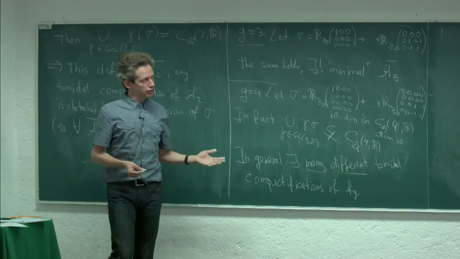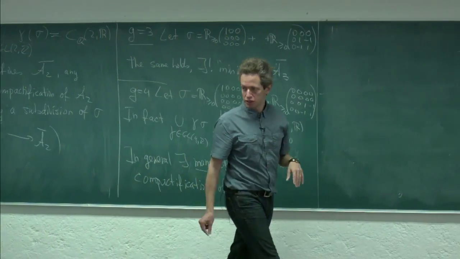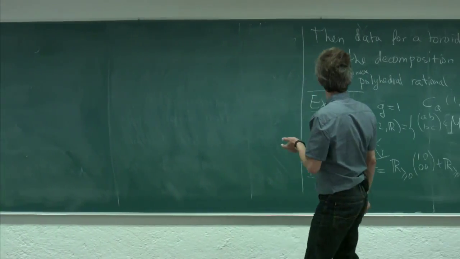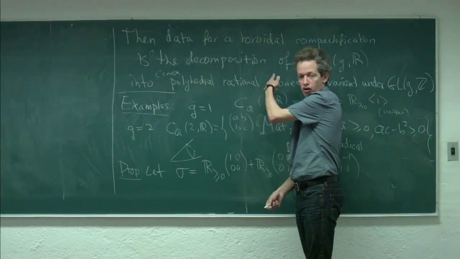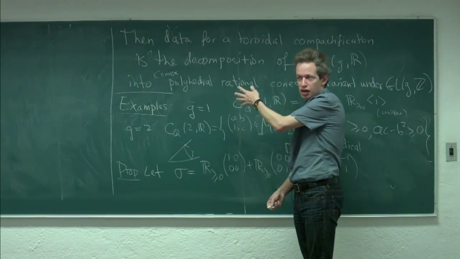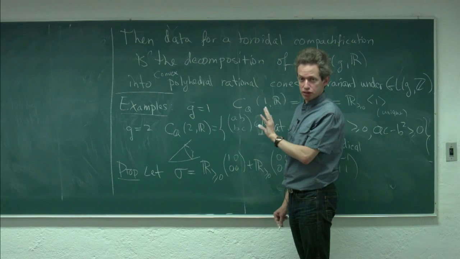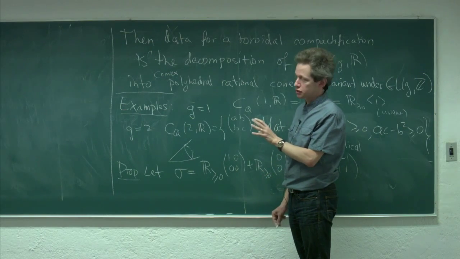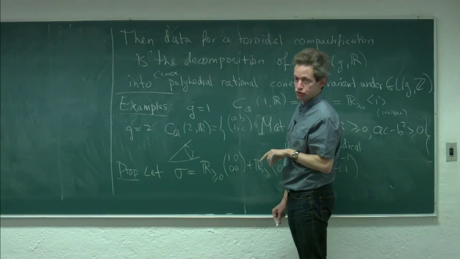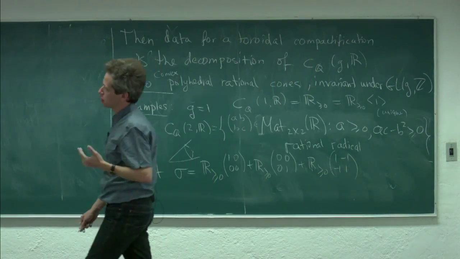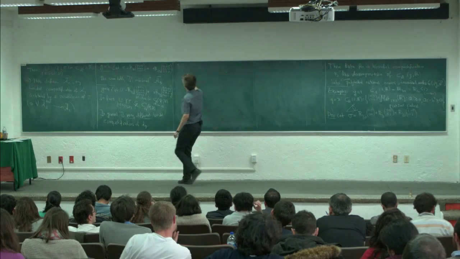And I won't even tell you what the subdivision is, right? To tell you a toroidal compactification, I'm supposed to write down for you a decomposition of this into some cones, right? And I'm supposed to write down the cones for you, and I won't do that, because that's a serious combinatorial definition that takes half of this long blackboard to just state and another hour to explain. But let me tell you what is known.